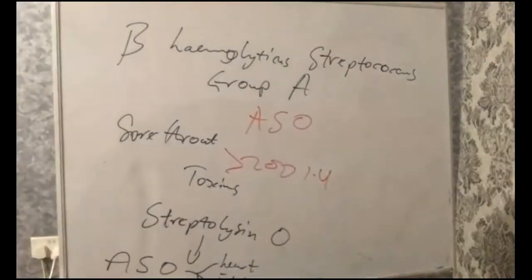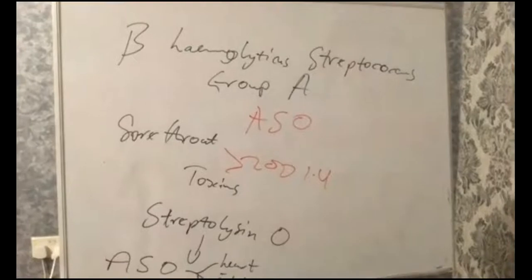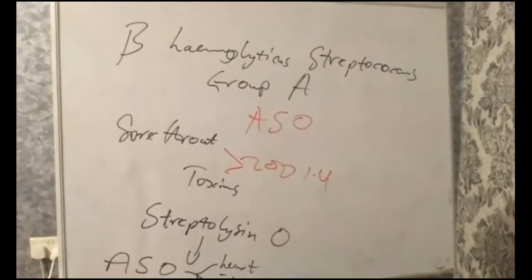Usually it's around 200, greater than 200 international units. It means that it's too high, and that might be the reason why the patient is having symptoms. Then you can confirm that the patient is actually having rheumatoid arthritis or maybe rheumatic fever diseases.